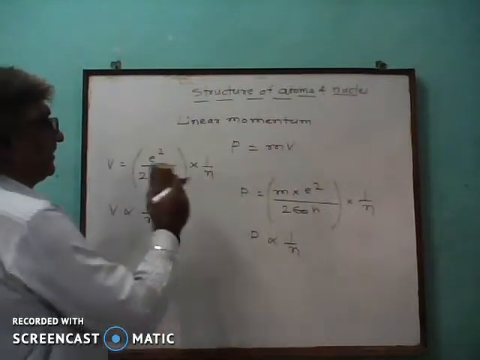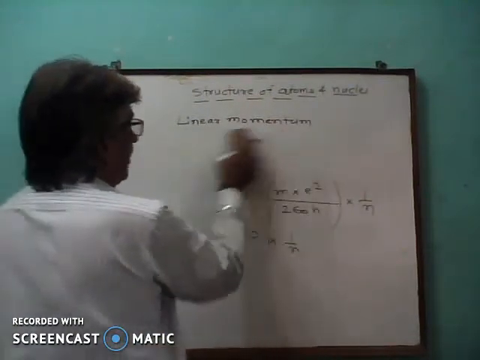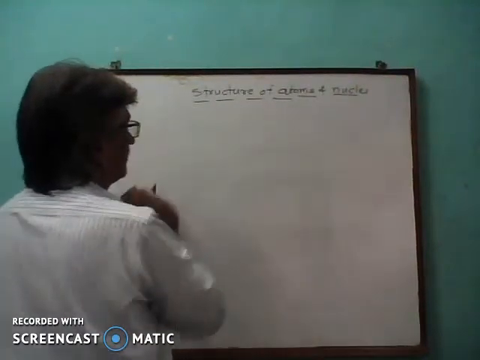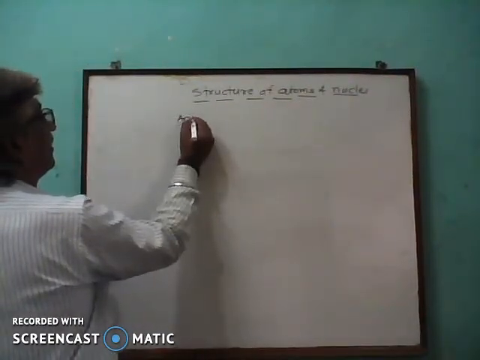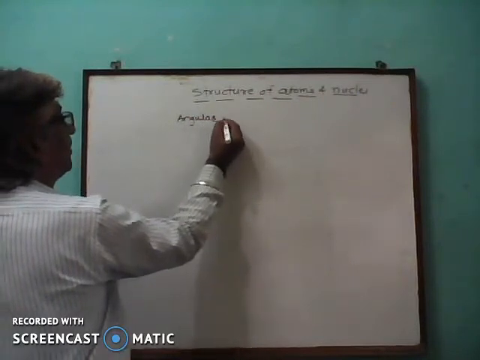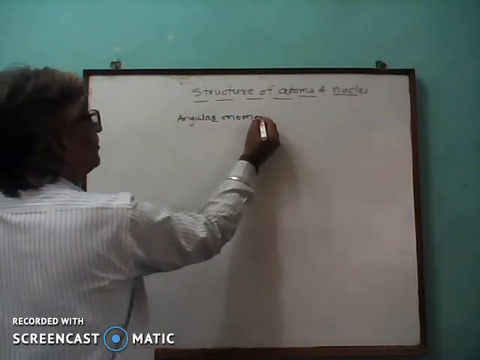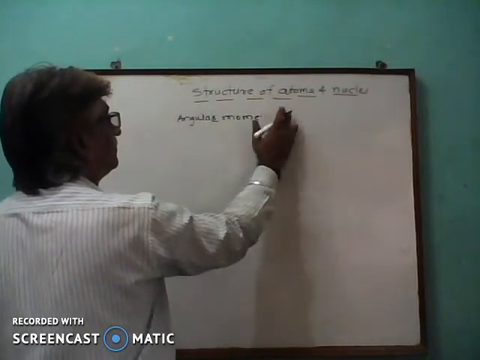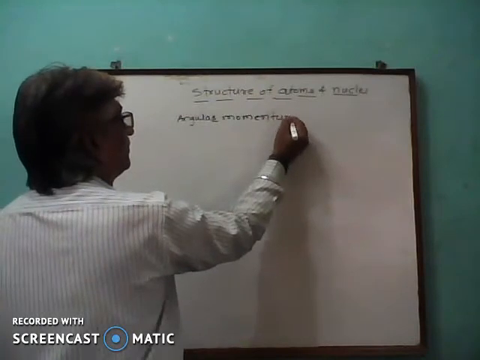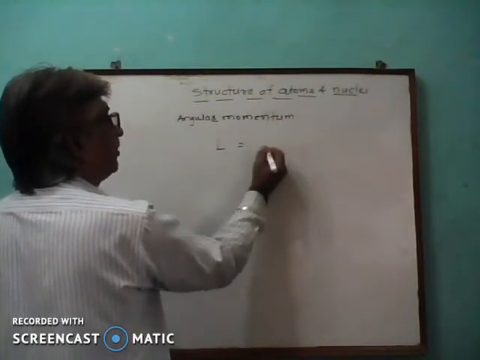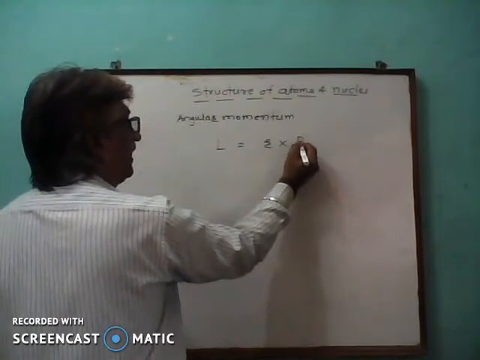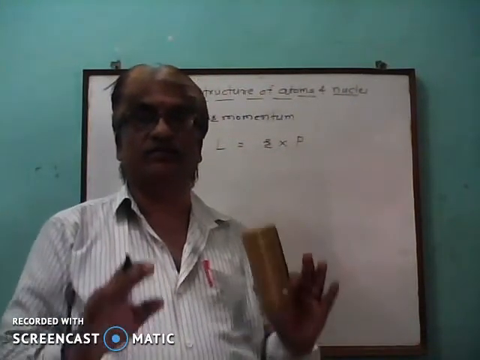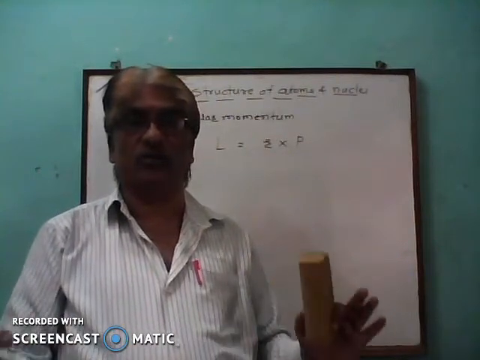See here, the formula for angular momentum. L is equal to R multiplied by linear momentum. That is, the moment of linear momentum is called angular momentum.